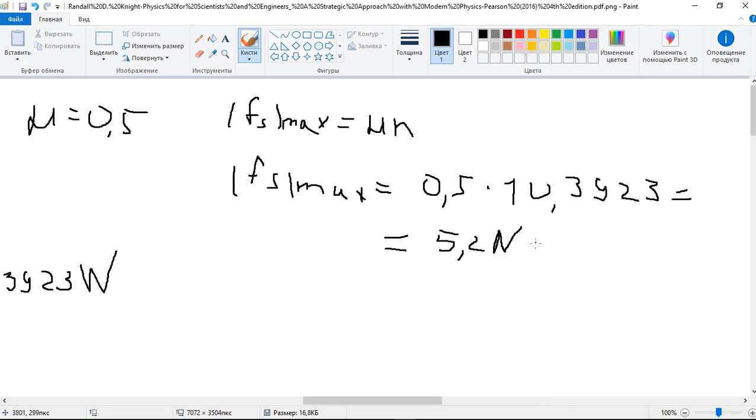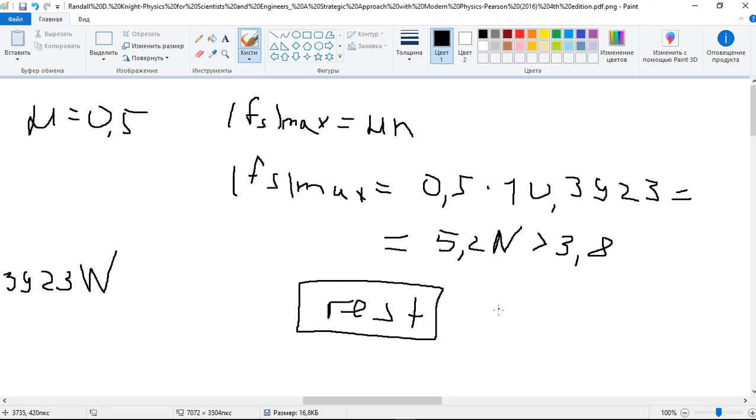And there we see that it is more than 3.8, and since the static friction force is less than the maximum static friction force, the block will be at rest. So we find that it stays at rest.